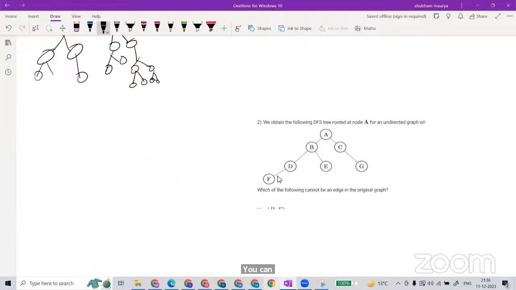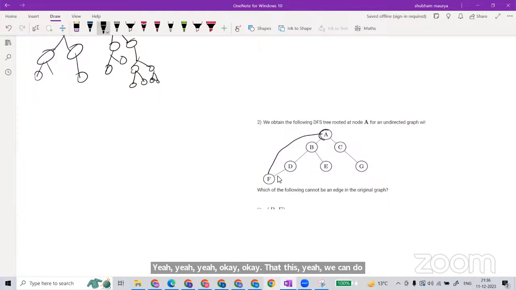So I mean to say, suppose there is an edge between A and F. The tree is rooted at A, so you start your algorithm from A. DFS is like searching on Chrome, on the internet.